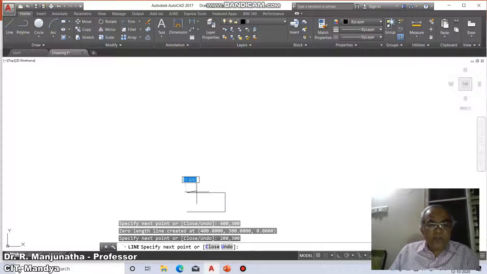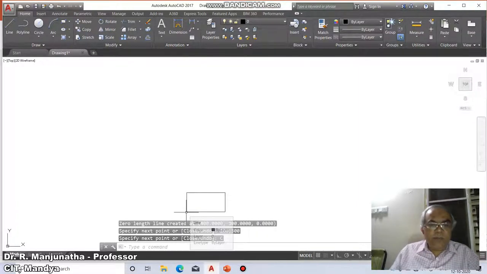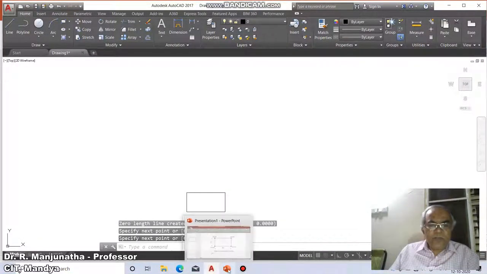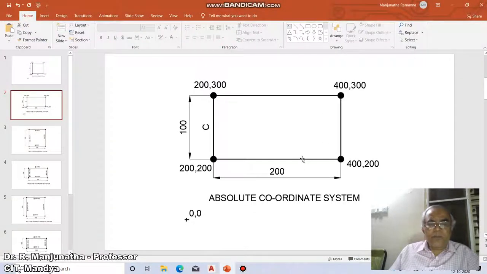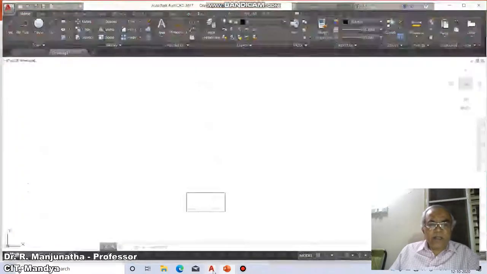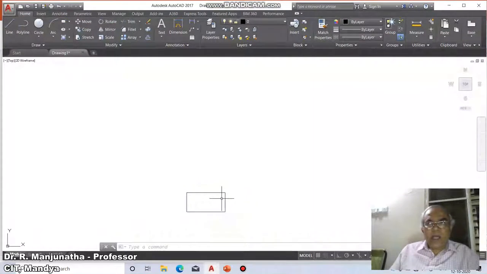From the last point it should close to the starting point, so I will say close. Not only does it close, but it also exits the command. This is how you will be able to create a rectangle of 200 by 100 by using the absolute coordinate system.